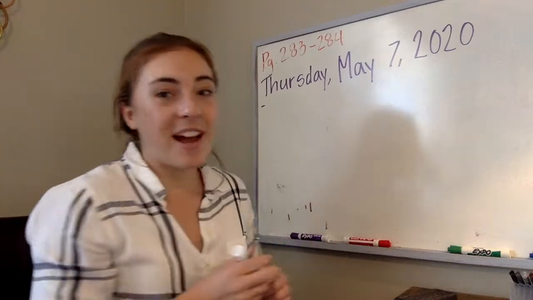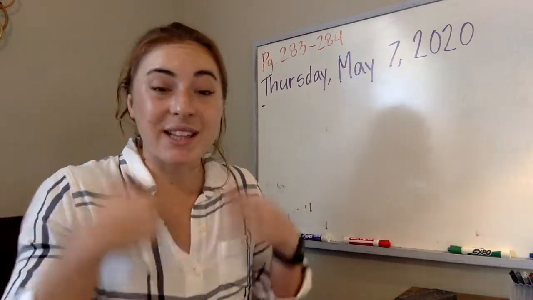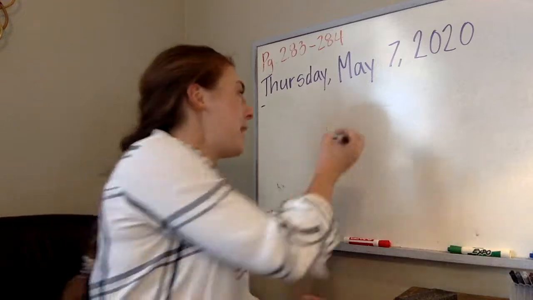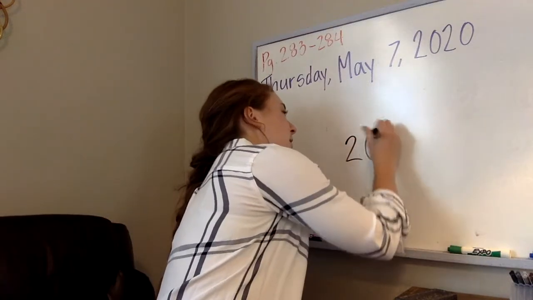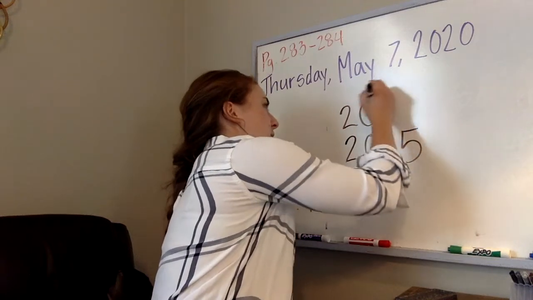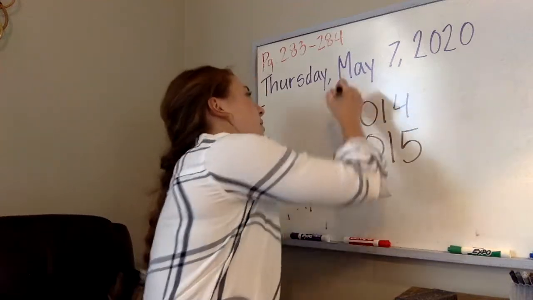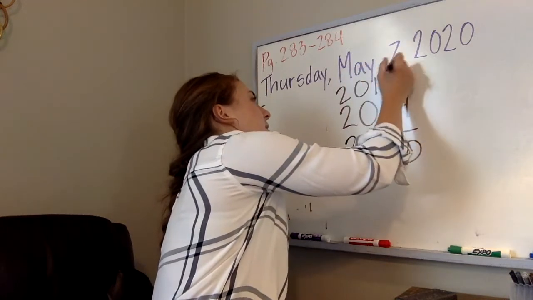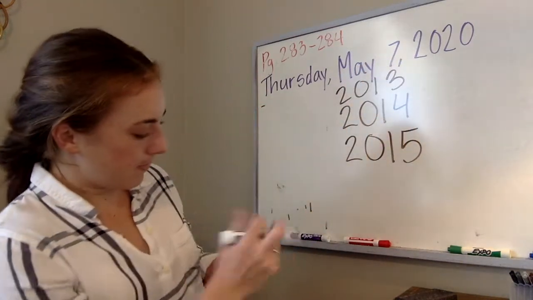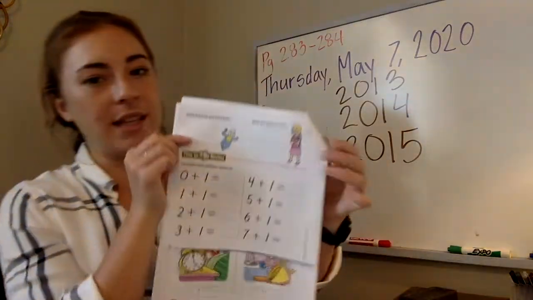For that part, you might have to ask your grown-up what year you were born in. And so when they tell you, I would guess that maybe you were born in 2015, 2014. Maybe you were born in 2013. Some of you.